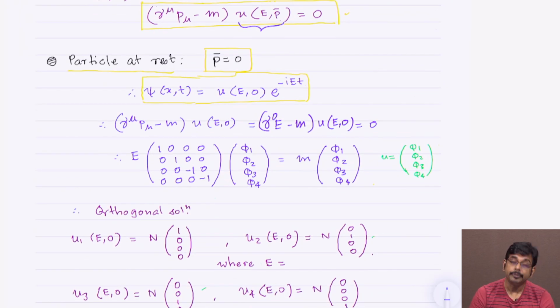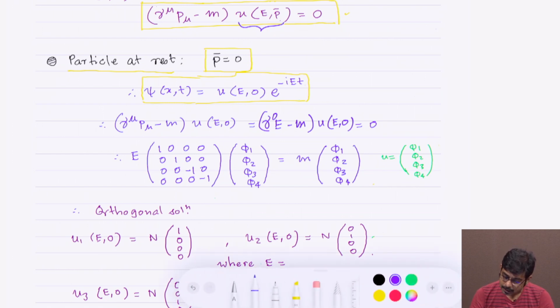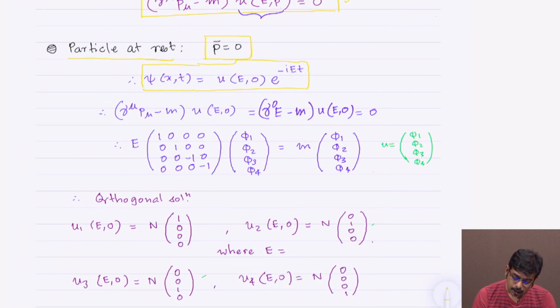You know from the Dirac-Pauli representation that we actually did, what is the form of gamma 0? The gamma 0 form is simply a diagonal matrix with the entries 1, 1, minus 1, minus 1.